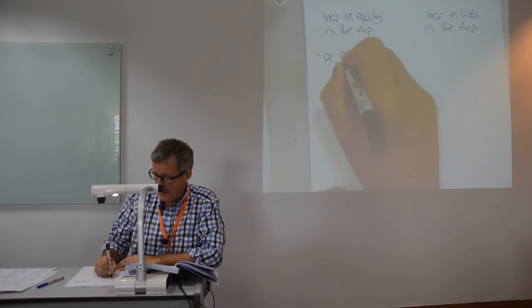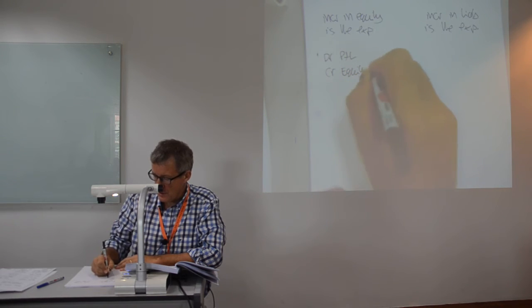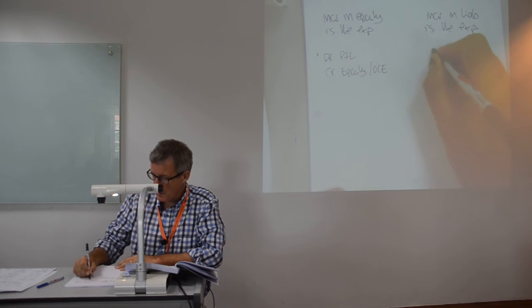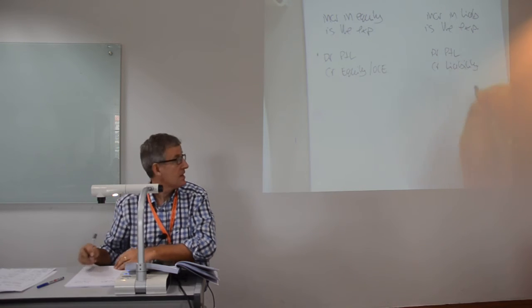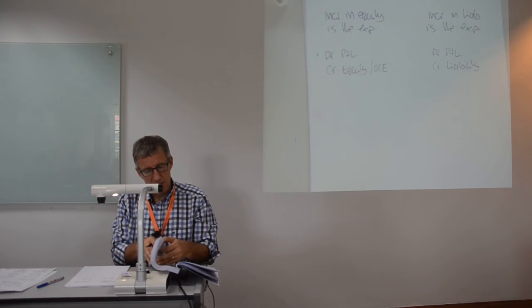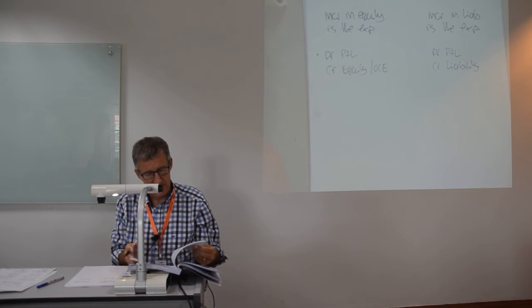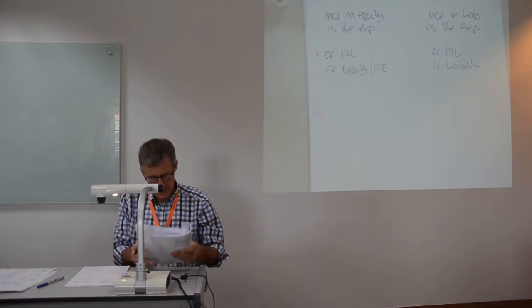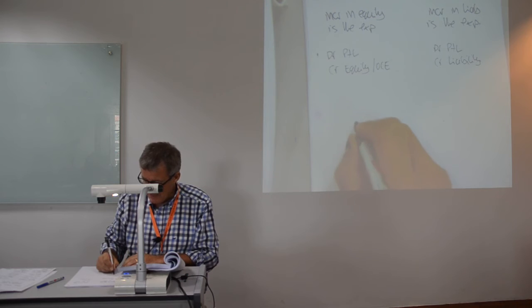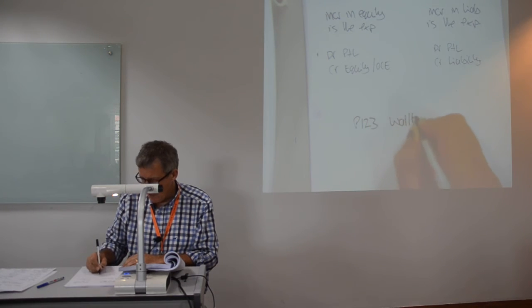So this is a debit to the P&L and a credit to equity, a credit to other components of equity. This will be a debit to the P&L, and this will be a credit to liability. Are there tricks? Yes. Is there more to it than I have said? Yes. I'm giving you a quick recap of the basic issues. I would like you to have a go at a question. I hope I've given you enough of a refresher.